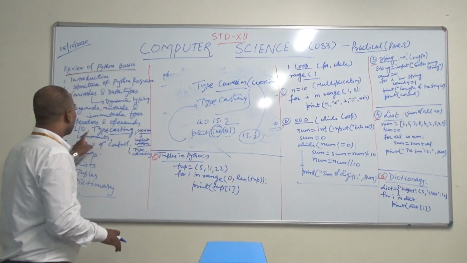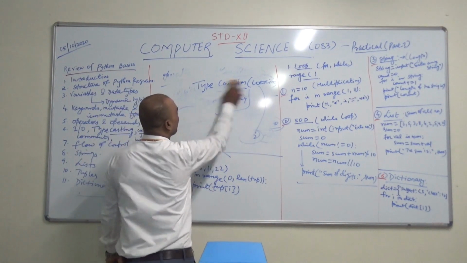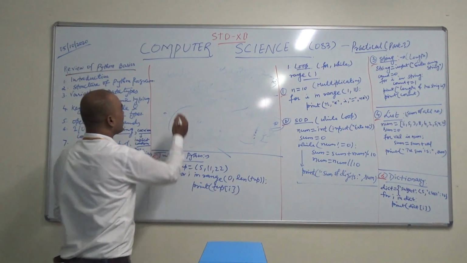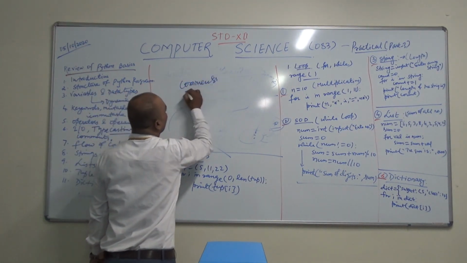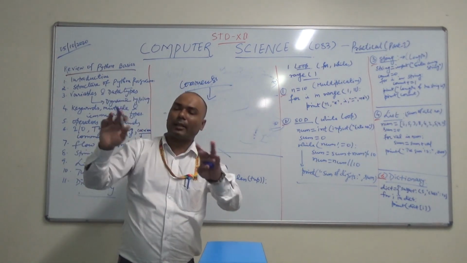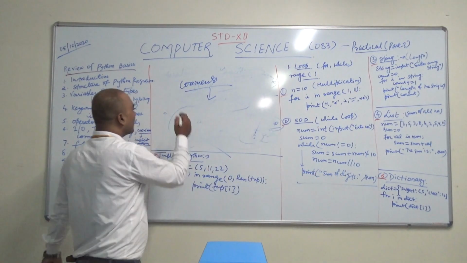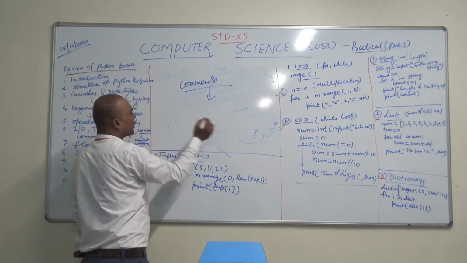Okay, now flow of control, comments in Python. Before that, we are going to discuss comments in Python. We all know what comments are. Comments are the non-executable part of the program. The user can write any content, but it is not going to execute, and it is denoted by symbols.